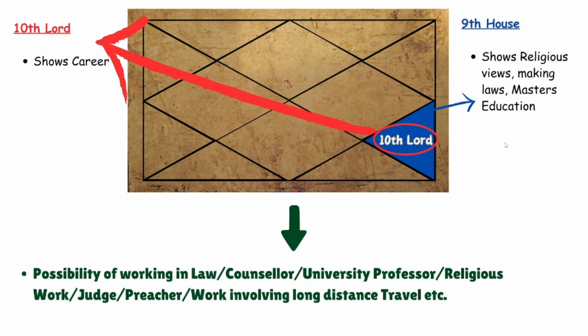The 10th Lord shows career, and the ninth house is the house of religious views, making laws, making rules, master's education. So it is a possibility that you might work in law or counseling, as a university professor, in religious work, as a judge, preacher, teacher, or in any form of work which involves long distance travel.